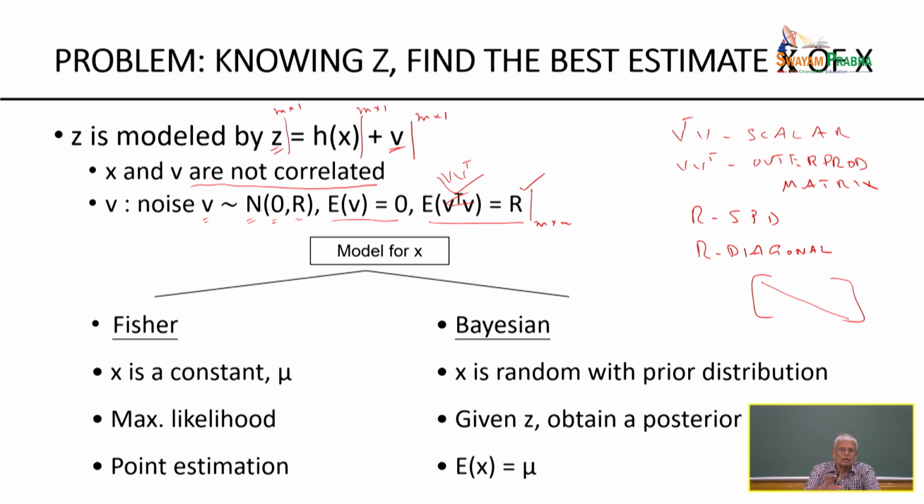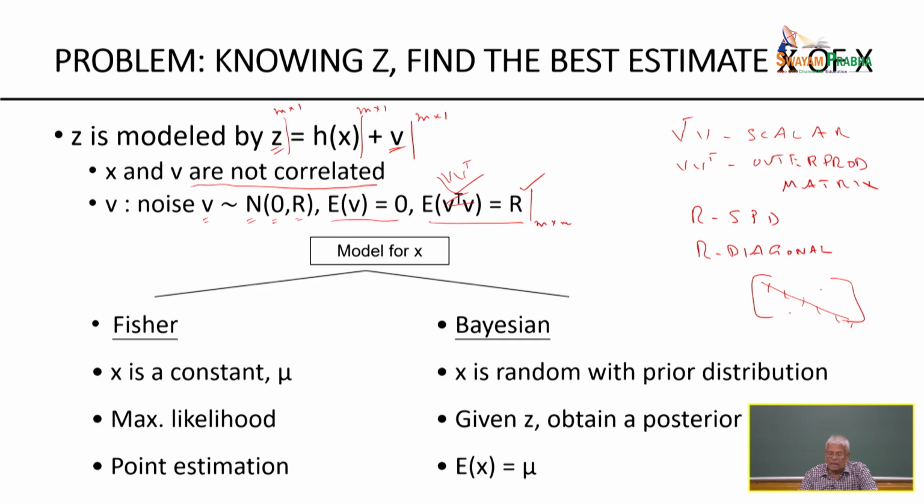I am assuming you are all familiar with basic probability theory. The diagonal elements of the covariance matrix are variances. The off-diagonal elements are cross covariances, the covariance between measurements at station i and station j, or elements zi and zj.